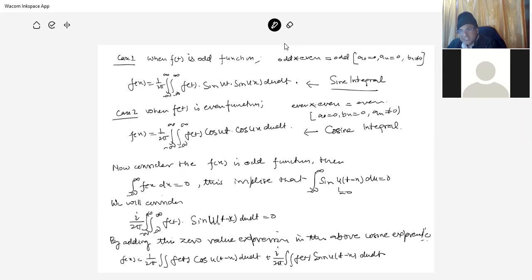So what is the advantage? We take the common function, cos u(t minus x) and sin u(t minus x) along with i.